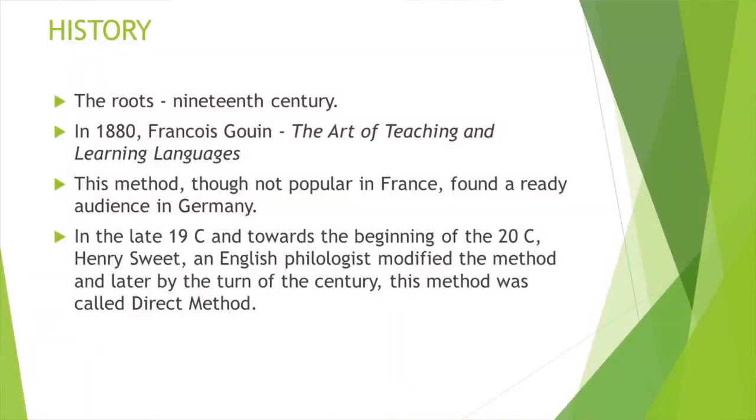Now, to a brief history of this method, the roots of direct method could be traced back to the 19th century. That is, in 1880, Francois Gouin wrote a book titled The Art of Teaching and Learning Languages. According to this book, a foreign language could be taught using a series of simple events described in the foreign language itself, followed by a series of reading and writing tasks based on the same, that is, based on L2.